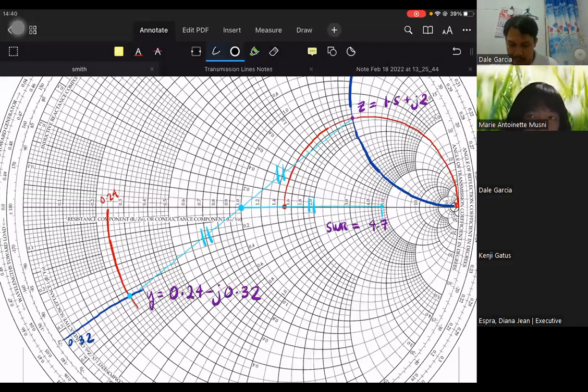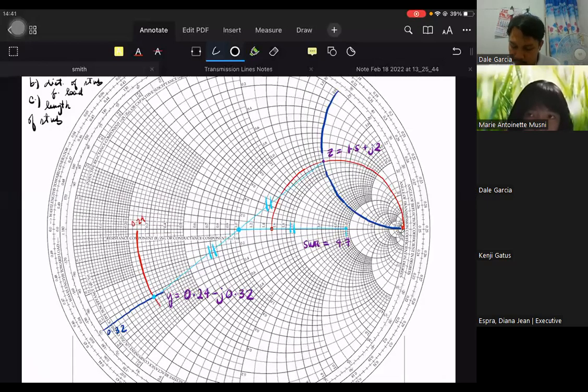Impedance. Okay, next. We go back to our R equal to 1 circle, this one.